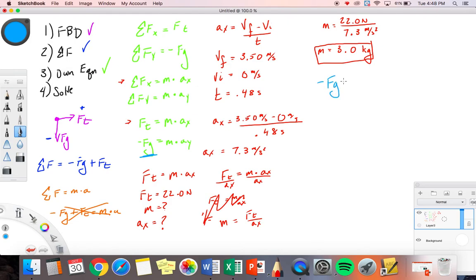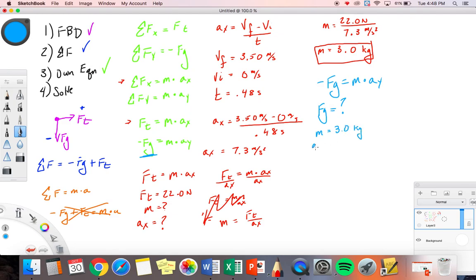So negative force of gravity is equal to mass multiplied by the acceleration in the y. Well, this is my unknown, and I'm not going to write negative just because it doesn't go with the variable. The negative just is before. So force of gravity is my unknown, and my mass I just solved as 3.0 kilograms.